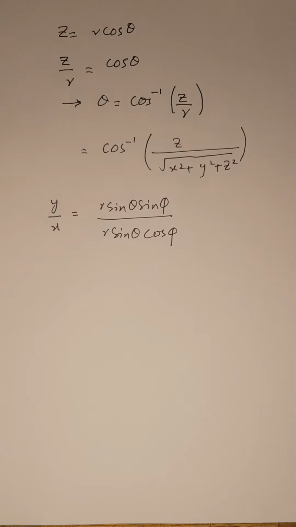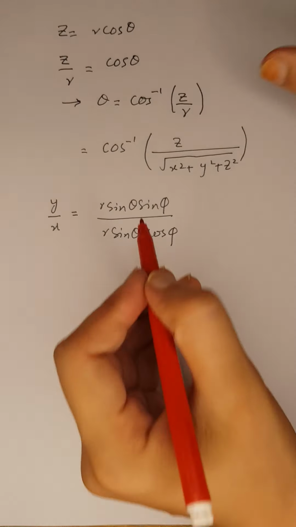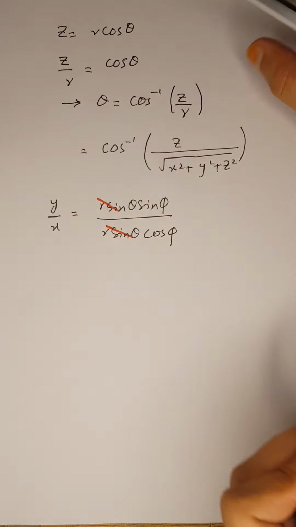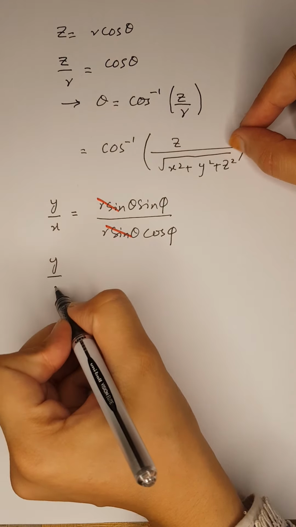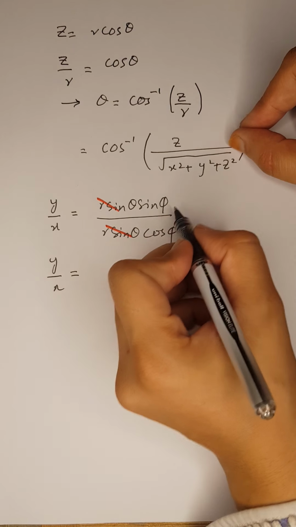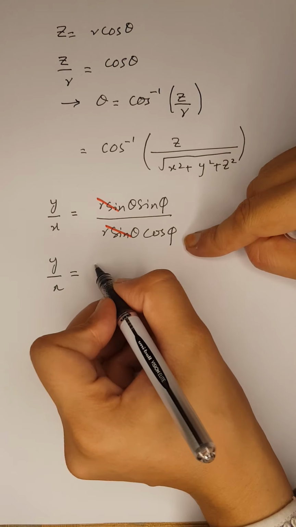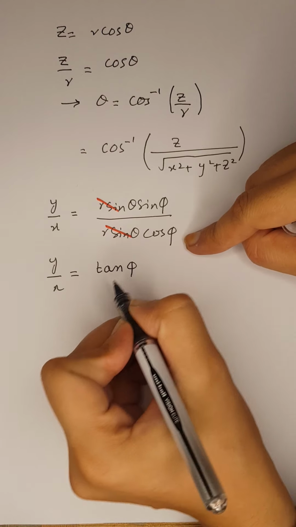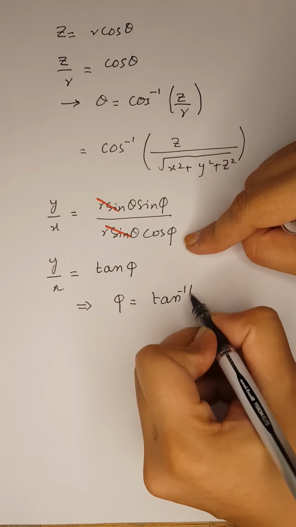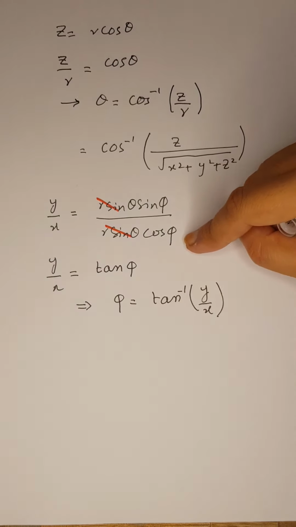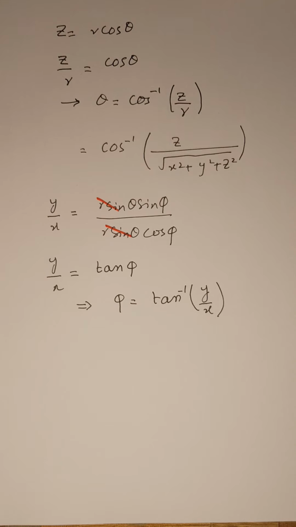You can see clearly that r sine theta is common in the numerator and denominator, so these terms will cancel and we will be left with y over x is equal to sine phi divided by cos phi, which is equal to tangent of phi. This further implies that phi is equal to tangent inverse of y over x. Fine. So in this way we have determined the three components that link the spherical coordinate system and the Cartesian coordinate system.